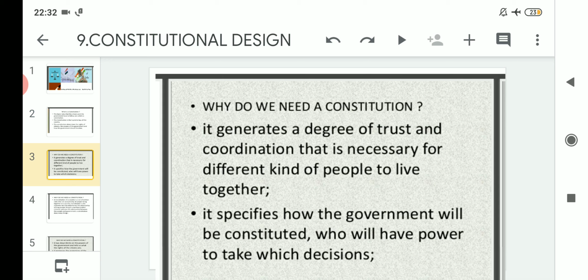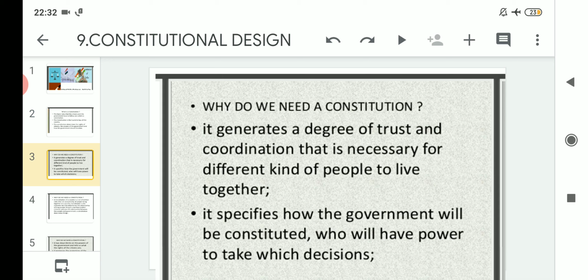If I take the example of India, it generates a degree of trust and coordination that is necessary for different kinds of people to live together. Assume that India is a country with various languages and religions.